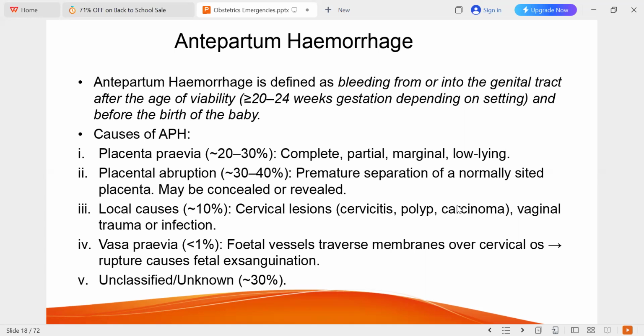Local causes like cervical lesions, vaginal trauma, infection. When fetal vessels traverse the membrane over the cervical os, they can rupture causing fetal exsanguination. This can be a cause of APH. Unfortunately, about 30% of APH may be due to unknown causes.